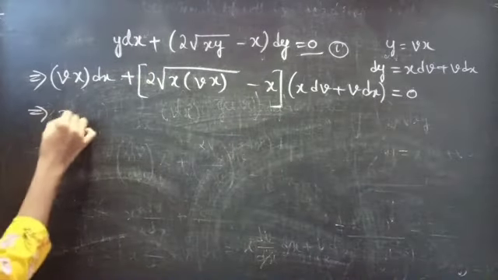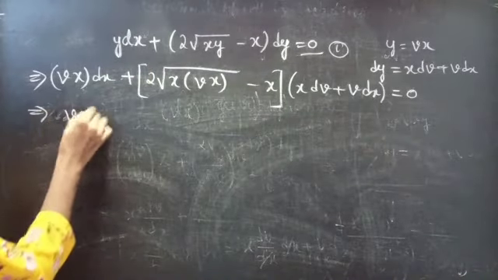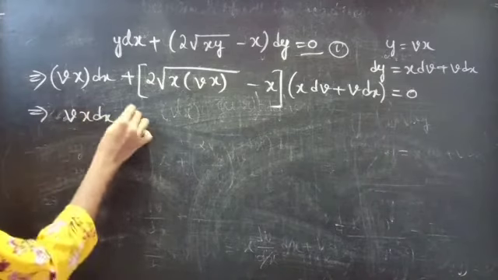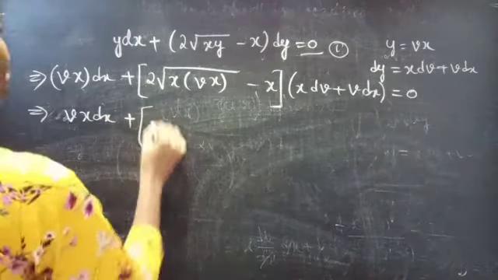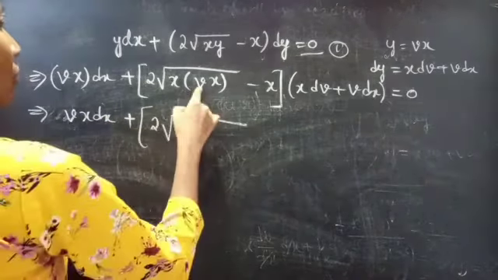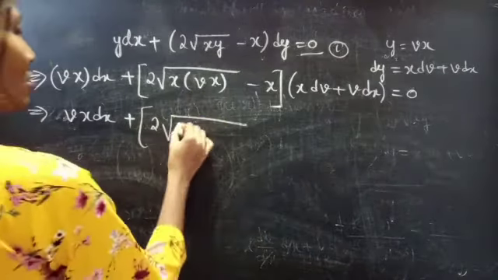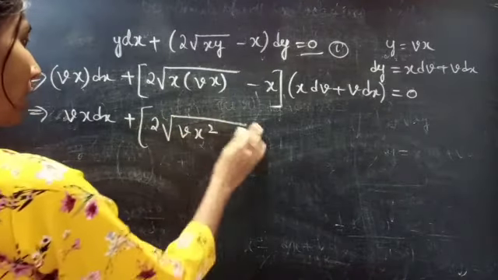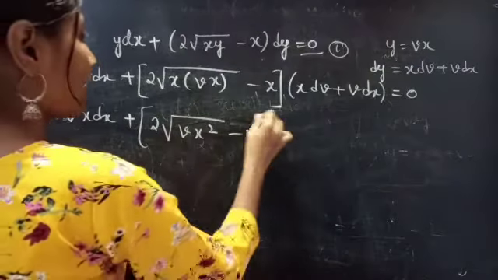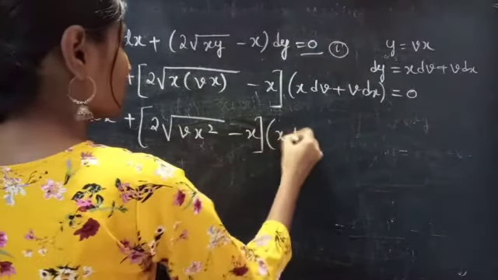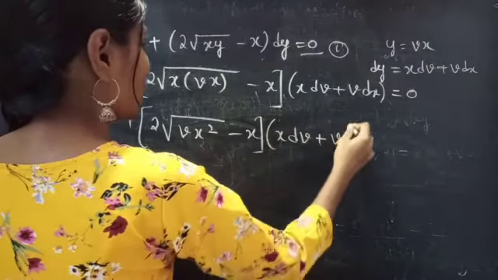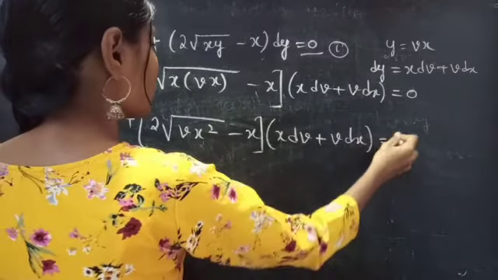Then vx dx plus 2 into square root of v into x is v into x square minus x into x dv plus v into dx equals to 0.